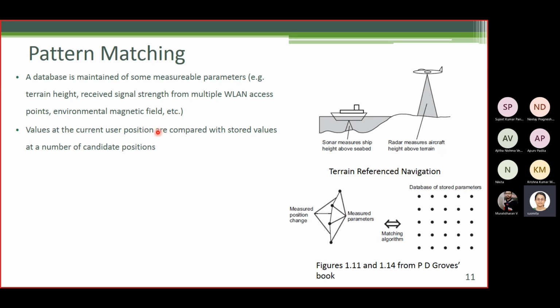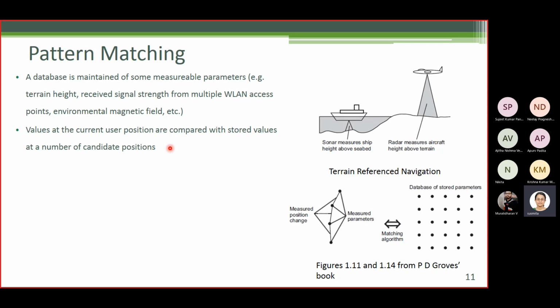Then we measure these parameters at the current user position. For example, if we pick terrain height, we measure the terrain height at the current user position and then compare with the values in the database at some candidate user positions. If we do not have any idea of the user position, then we have to search the entire database.